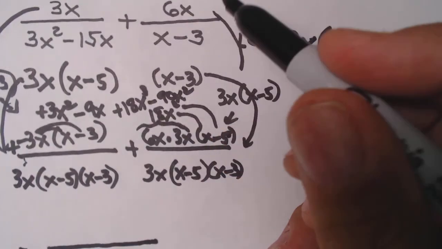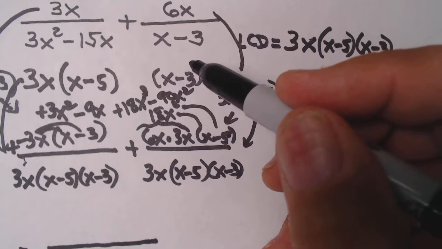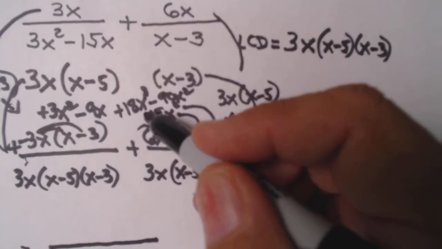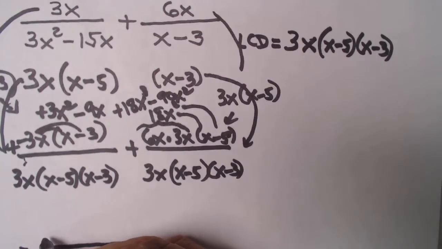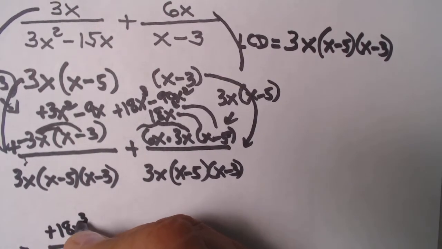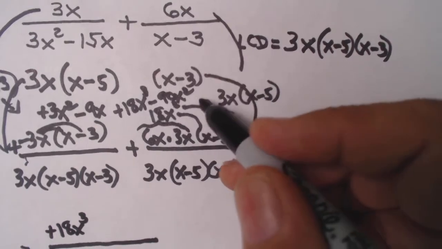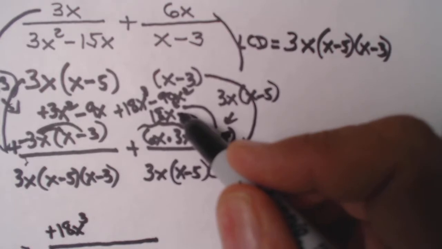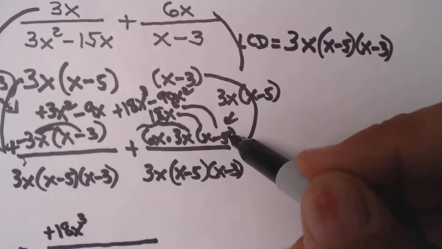Now we've got to combine the terms that we have here. Notice we've got an x cubed term, so we'll put that in front: plus 18x cubed. Then the x squareds: plus 3x squared minus 90x squared.